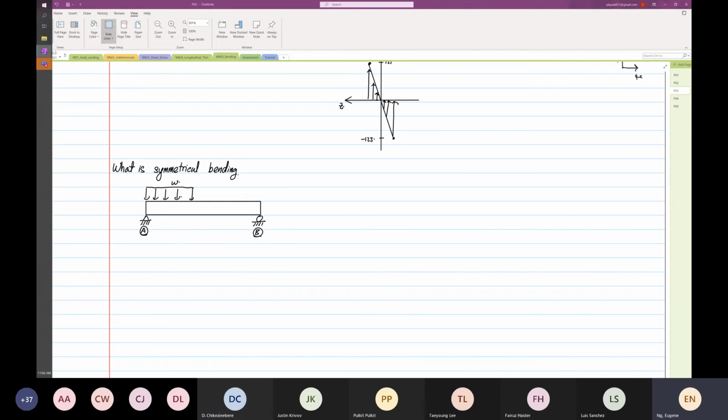Then we have a force down here, P1, another force down here, P2. Based on geometry or transformation, X, Y, this is our rotation about Z. For this case, the structure is not loaded symmetrically, yes or no?